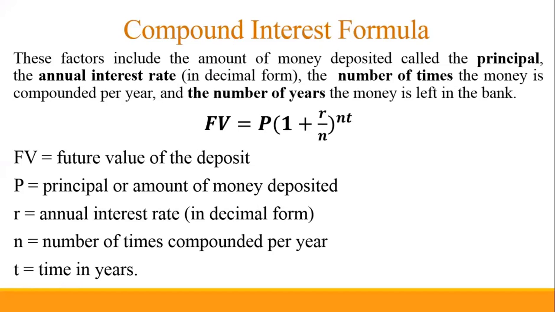If we are solving for the time, which is t, then we will need to use logarithms, because the compound interest formula is an exponential equation, and solving exponential equations with different bases requires the use of logarithms. Halimbawa, time yung hahanapin natin.